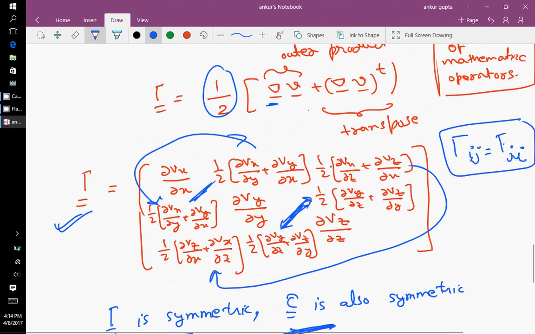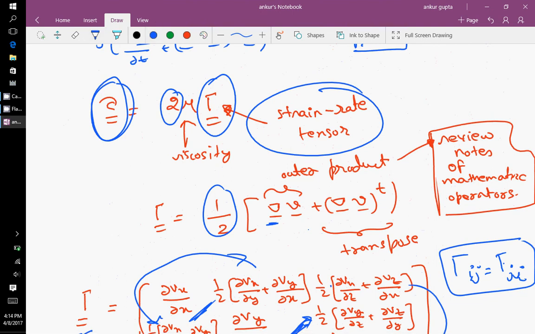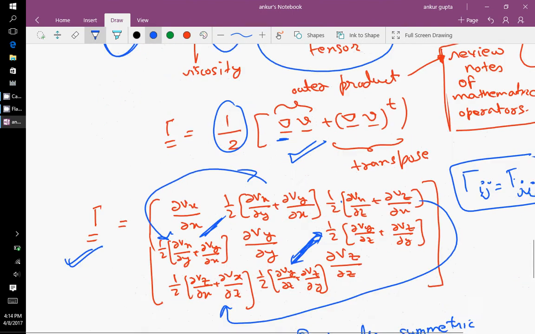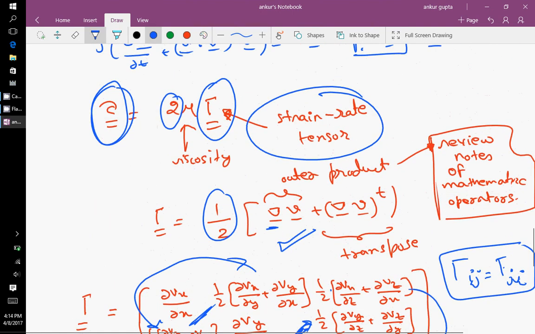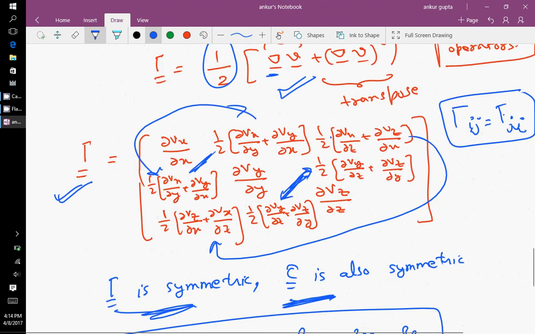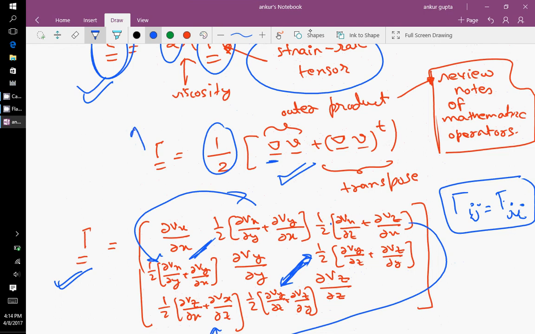Once you have been given a velocity profile, you can calculate the strain tensor and you can get back the tau tensor. Just in case there is any confusion, the strain rate has units of second inverse. That's why you have velocity over length here.